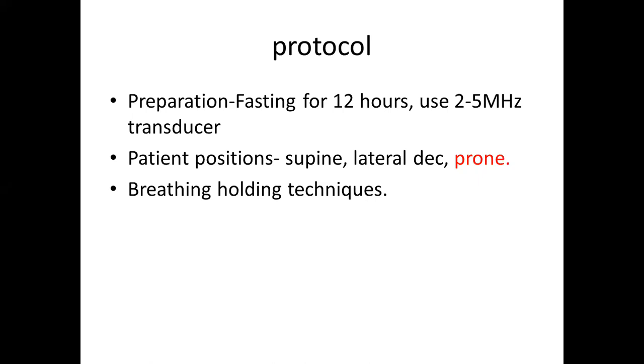And we usually use two positions, which are the supine and the lateral decubitus. So we can also call them the anterior approach and the flank approach. However, if there is a problem with gas or something, and we are not clearly seeing our vessels, we can also use the prone position as a modified technique. Then we need to use breath holding techniques.